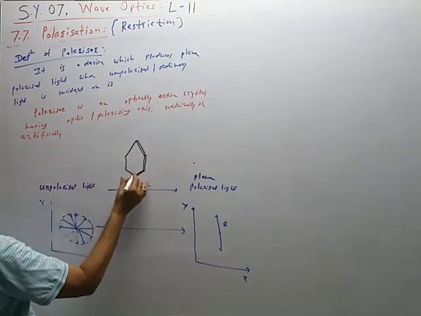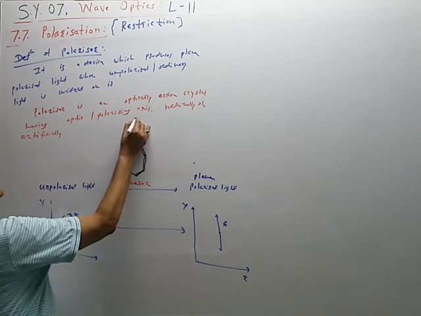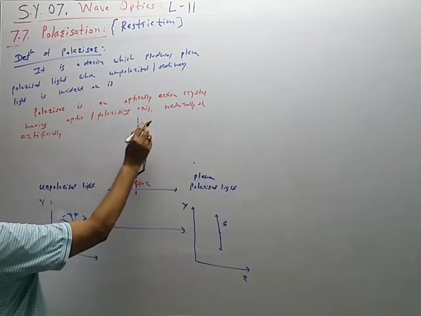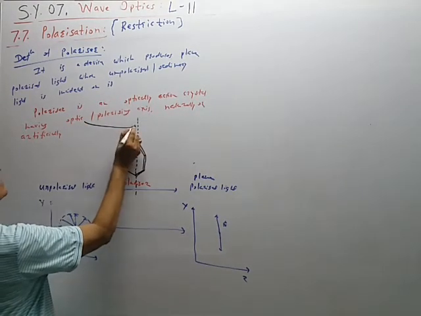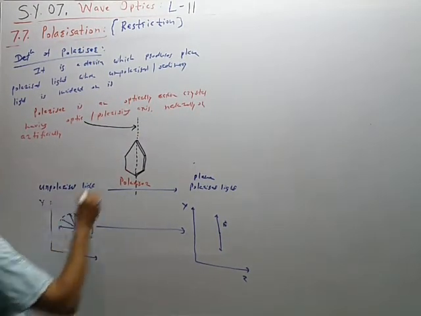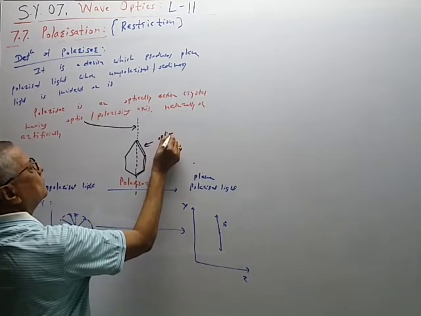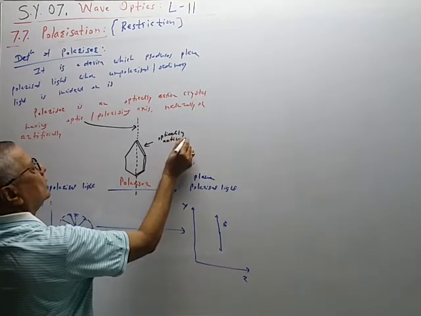So these two points are called the crowns of the crystal, and a line joining these two crowns is called the optic or polarizing axis. So this is an optically active crystal.